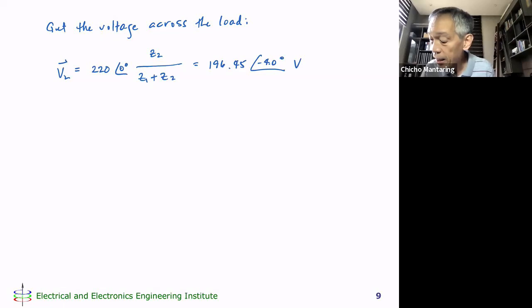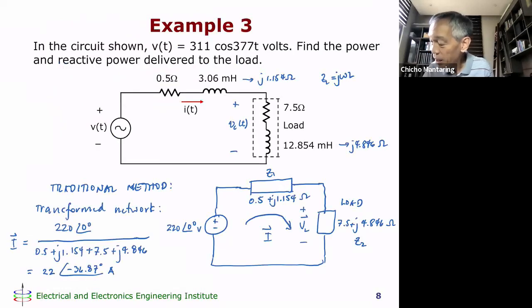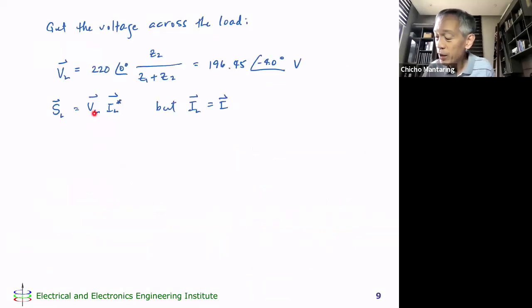Okay. I can get the complex power delivered to my load. So this is going to be the phasor voltage across my load multiplied by the conjugate of my load current. But note that I sub L is equal to I. If you notice, my load current is just equal to I. So what is S sub L?